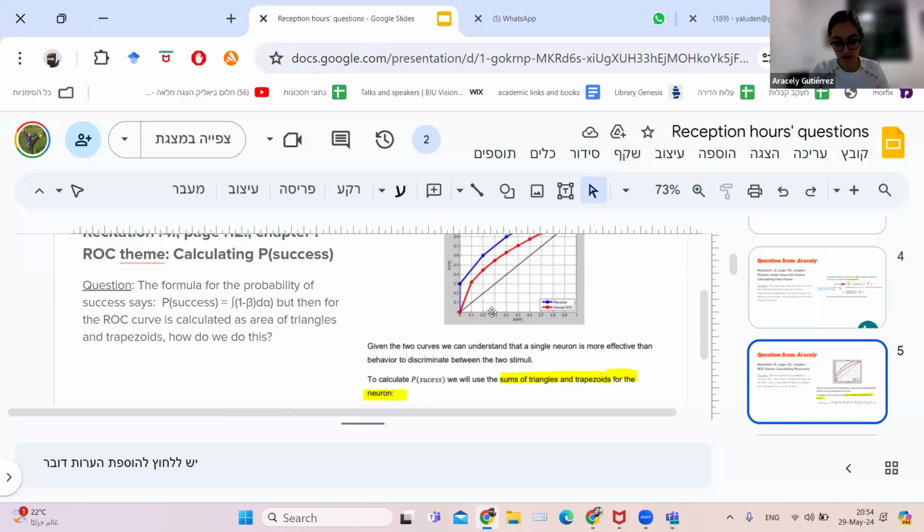And I had a question: in the case that we have two values on the y-axis that correspond to the same value on the x-axis, that doesn't have any area, right? Right, perfect. Just put two dots which are overlapping. Yes, that's what I wanted to know. Thank you, good question.